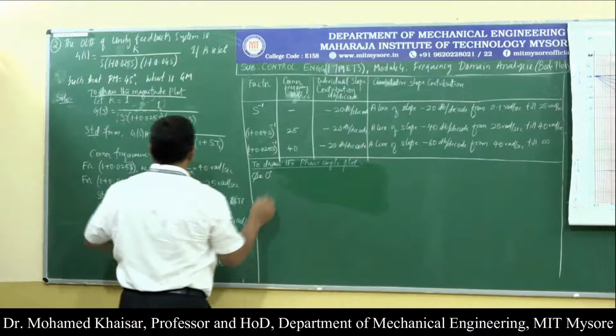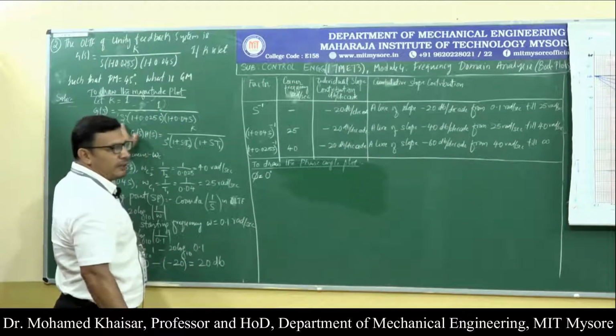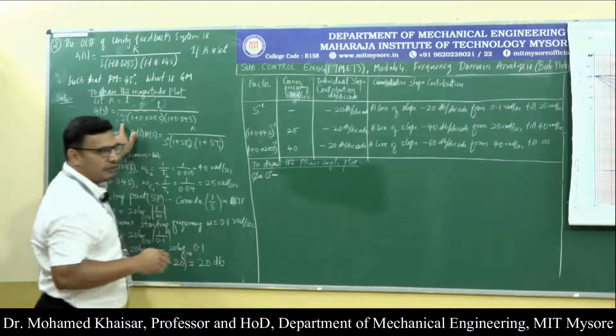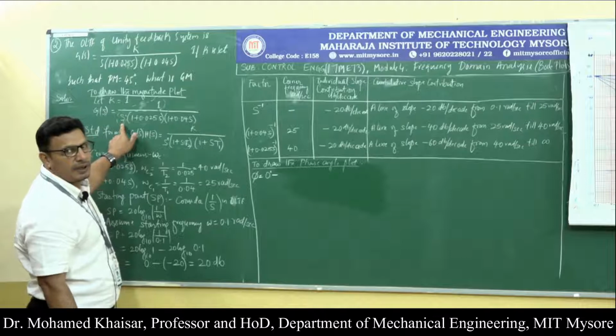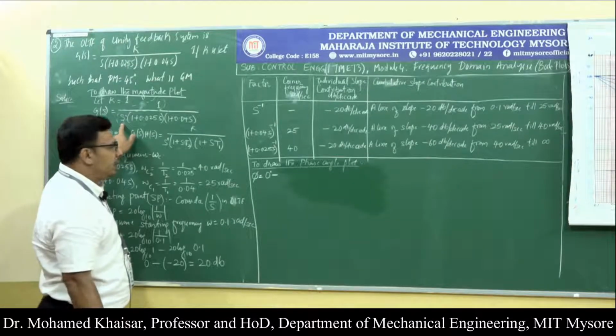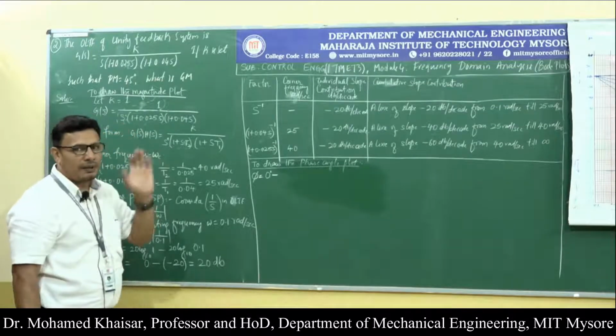Then any other term in the numerator? No. In the denominator we are having the S factor. So, for the S factor it can be written as j omega plus 0 as the complex term, and the phase angle for that will be tan inverse of imaginary part by real part. So, tan inverse of omega by 0.